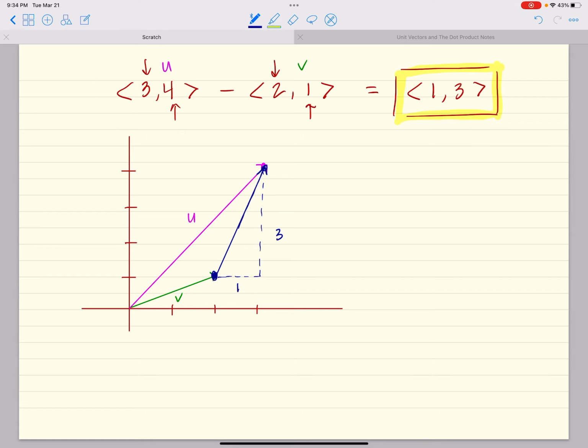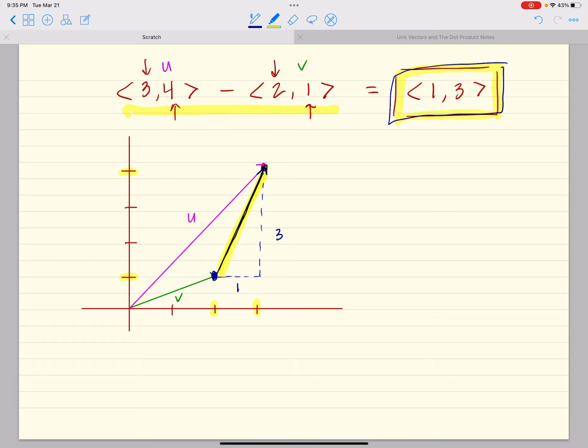So this vector is in fact the difference of my two vectors. Okay? So it's showing me the difference between the y components and then the difference between the x components, which is exactly what we did algebraically. So hopefully it makes sense that this third side of the triangle is the difference between those two vectors.